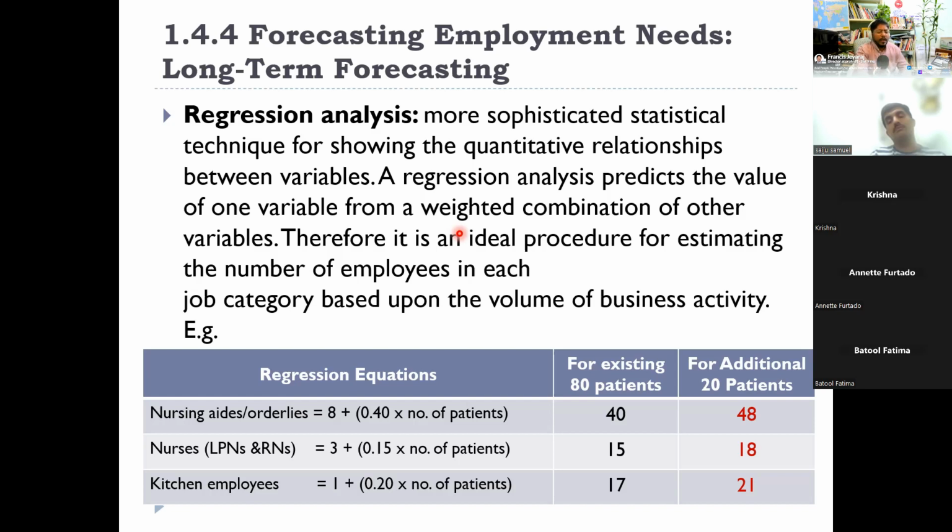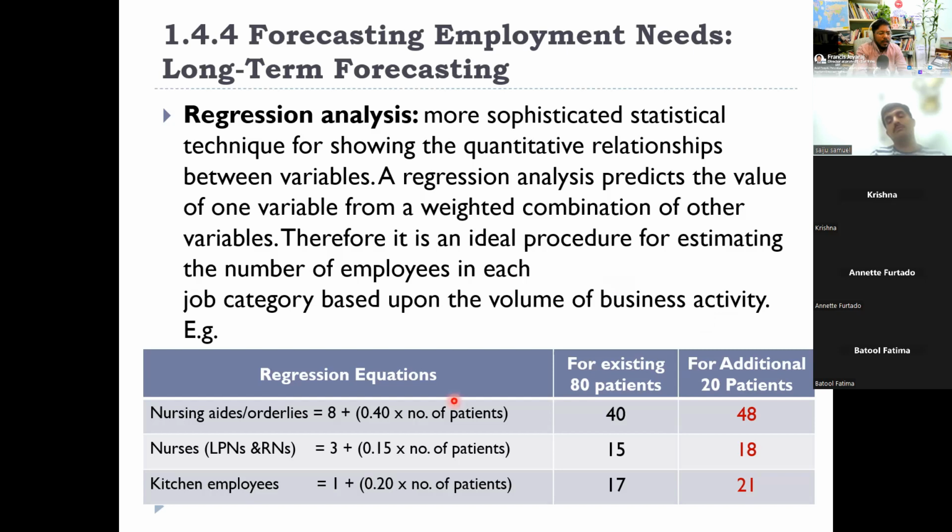So the regression analysis predicts the value of one variable from the weighted combination of other variables. Therefore, it is an ideal procedure for estimating the number of employees in each job category based on the volume of business activity.